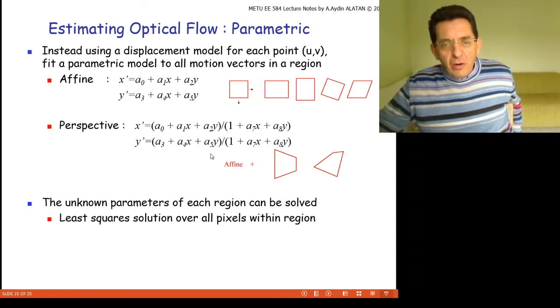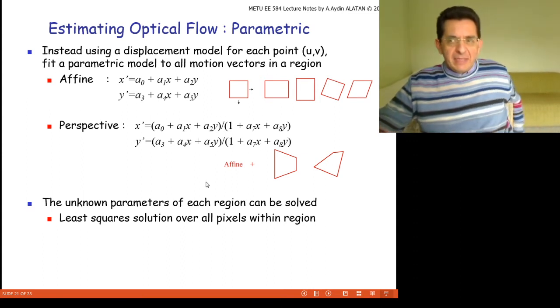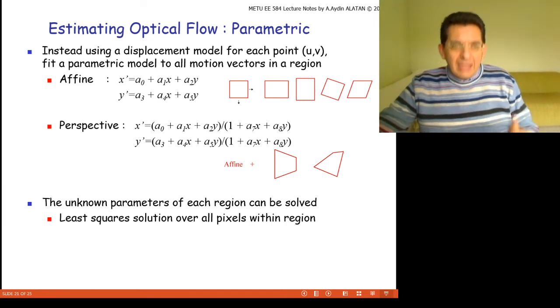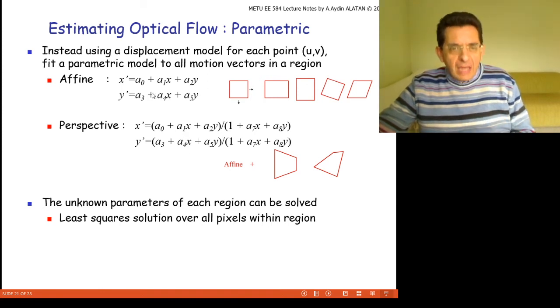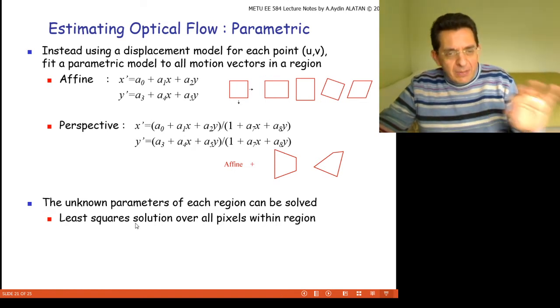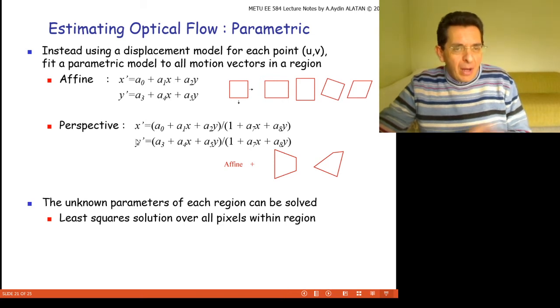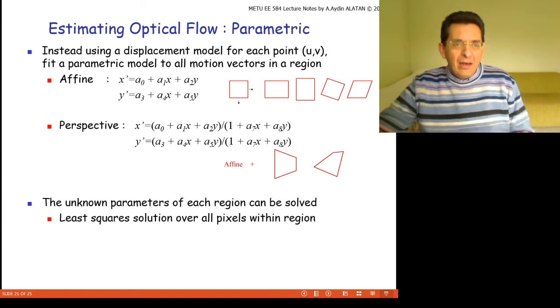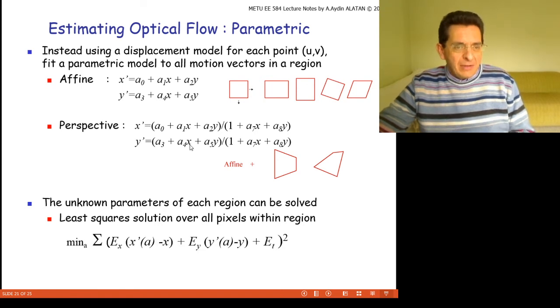You will solve for the parameters for all the pixels. Please note, in such a solution, we are obtaining a dense solution. These parametric forms are correct for every pixel. Therefore, for sparse points, you have some ground truth x, y, x prime, y prime pairs between two images. You can solve for A0, A1, A2, and you can solve for every pixel which obeys this parametric model.